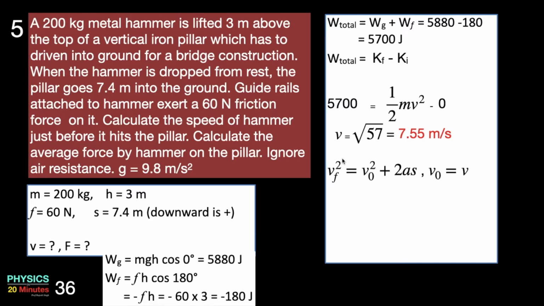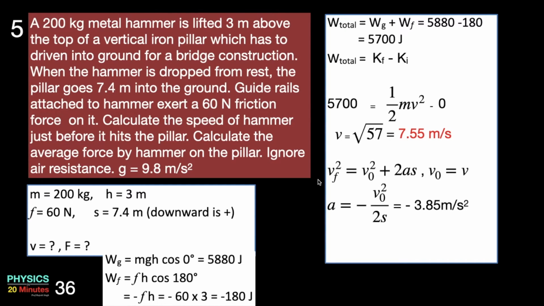So I can write my kinematical equation: v final squared is equal to v initial squared plus 2as. The initial velocity in the second part is the final velocity of the first part. Be careful. So I can now substitute those values. The final velocity is 0 for the second part because the pillar and hammer both will come to rest. So this will vanish, and 2as will go on the other side.